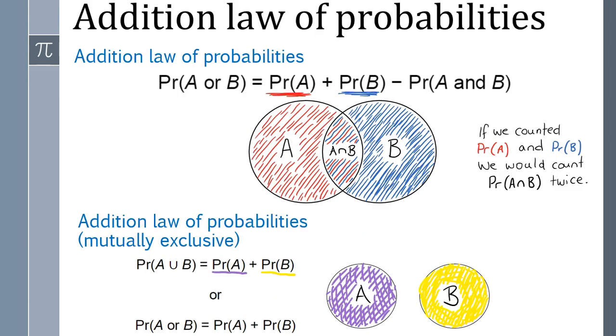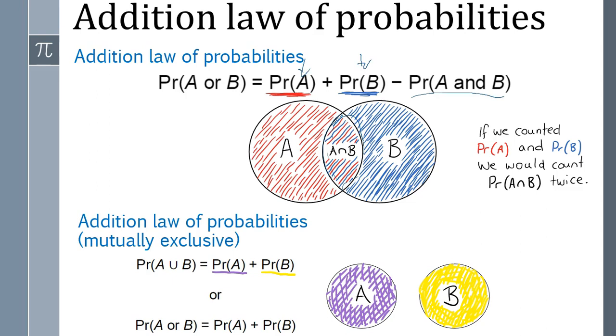So the addition law, and this will become very clear when you actually use the diagrams, states that the probability of A or B is both of them, take away this bit in the middle that we've actually counted twice. That A and B in there, we counted it once in B and we counted it again in A, so we've actually doubled up, so we need to take it away at the end.